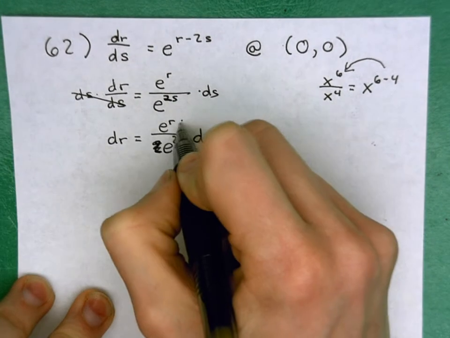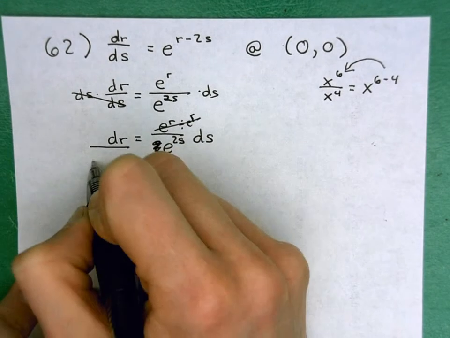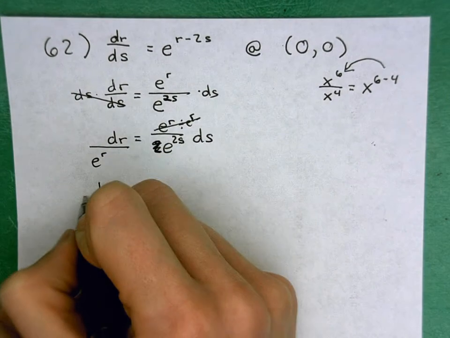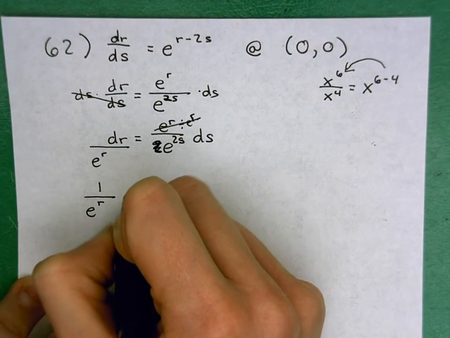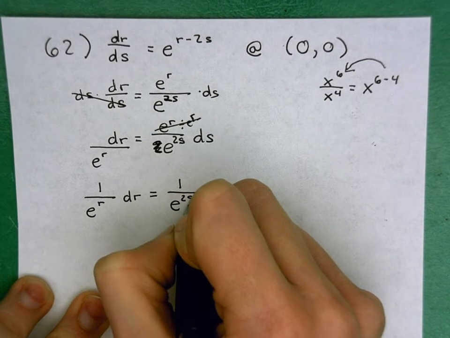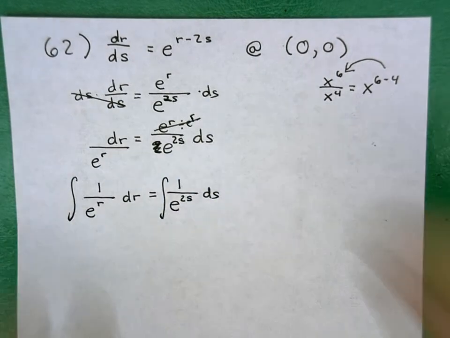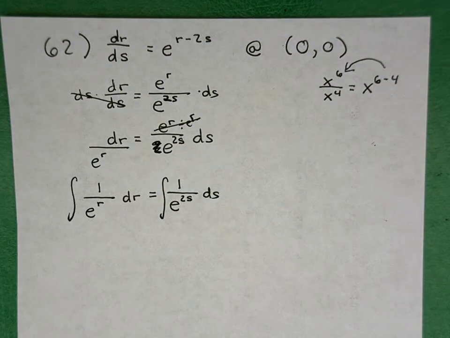And then I'm going to divide this e to the r over to the other side. And so now we're at 1 over e to the r dr equals 1 over e to the 2s ds. And we can take the integral of both sides. Okay.